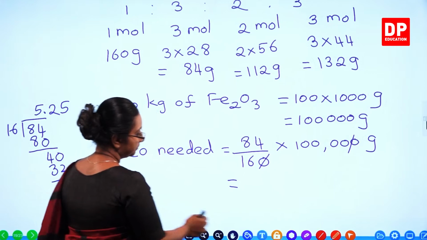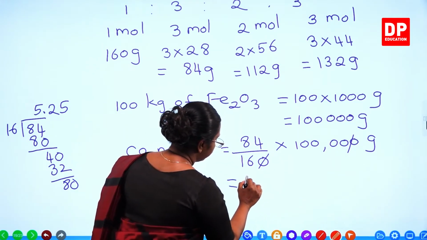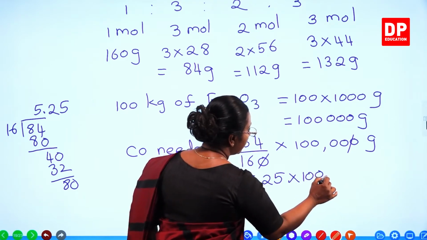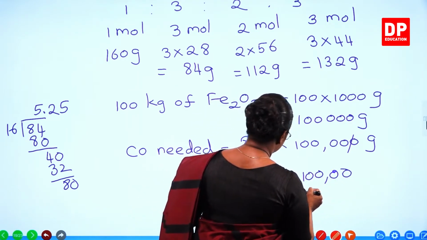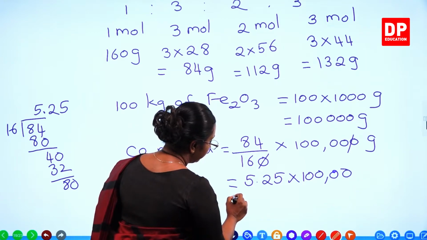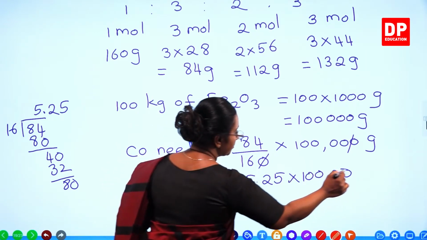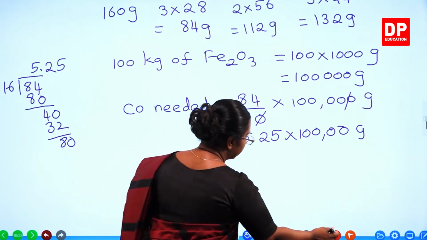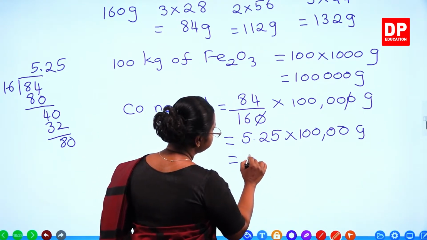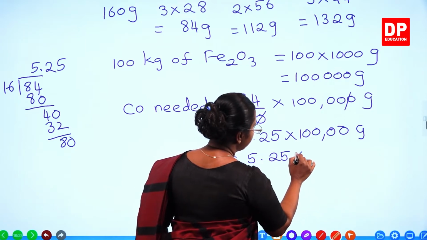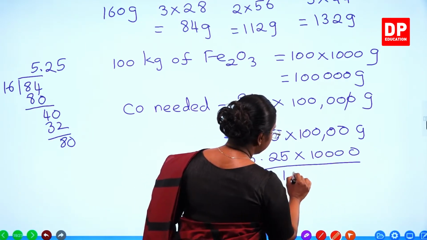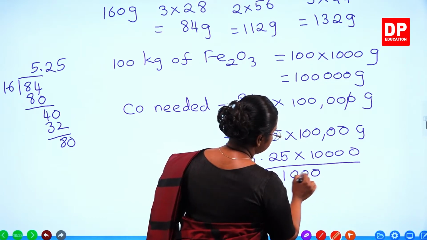So, 5.25 into 10,000. This is going to be in grams, but we can convert it to kilograms. 5.25 into 10,000 divided by 1,000.